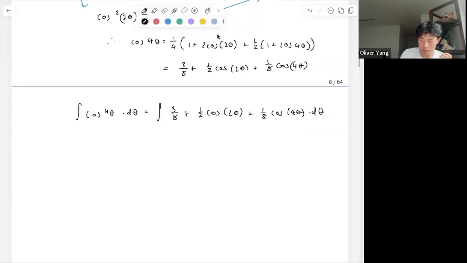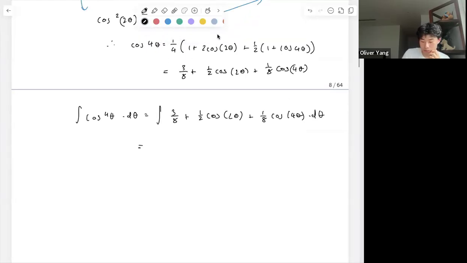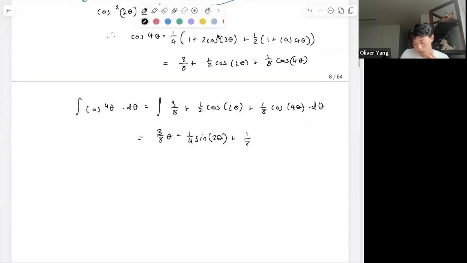Like any methods student can do this, so you definitely can. And so our integral becomes 3 on 8 theta plus 1 on 4 sine 2 theta plus 1 on 32 sine 4 theta, and then plus c.